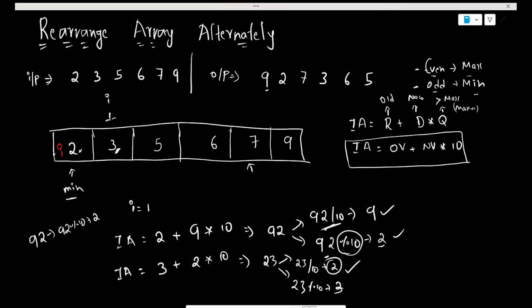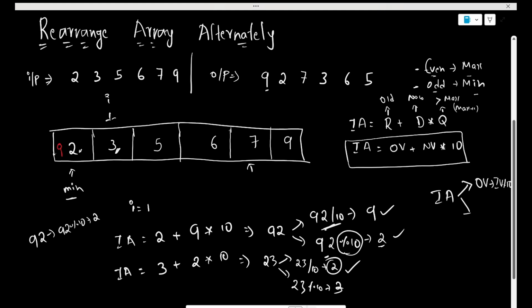We have seen that once the intermediate answer is generated, to get the original value, we just need to do percentile. And to get the output, we divide by 10. So we are doing the same thing here. It is somewhat tricky, but once you understand it, it will be easy. The formula is this only. But whenever we are dealing with an intermediate answer, you need to do percentile. That you need to understand.